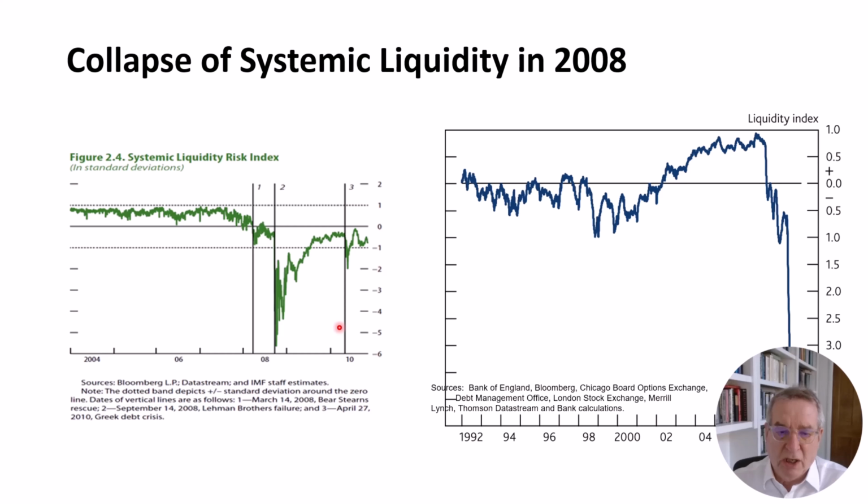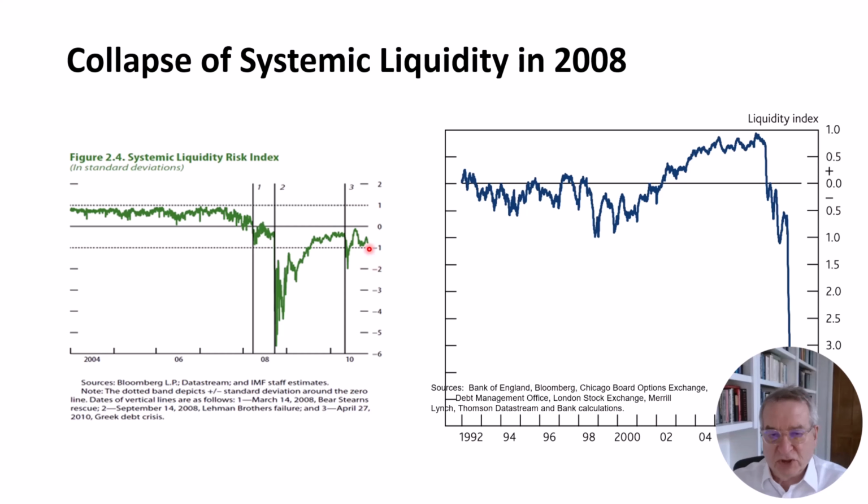So we are looking here, for example, after the collapse of Lehman in September '08, we came all the way down essentially to -6 standard deviations away from the mean, or what would have been essentially a healthy position with regard to systemic liquidity. As you can see, we recovered quite quickly, went back up, but then the beginnings of the Eurozone crisis brought us down again into -2 standard deviations.